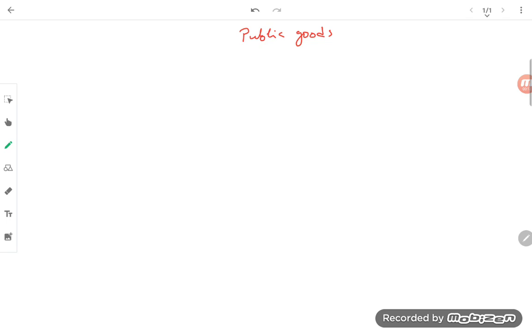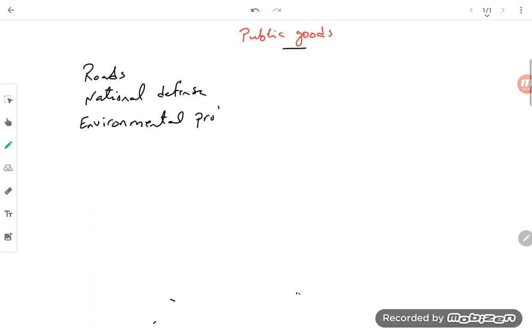What's meant by a public good? Let's take an example of roads, national defense, environmental protection, and many other goods like this.